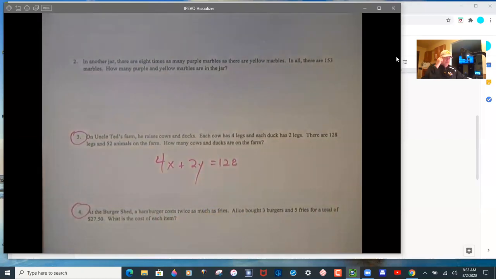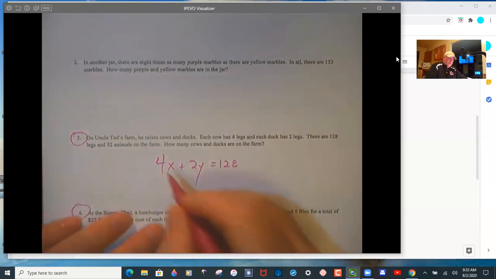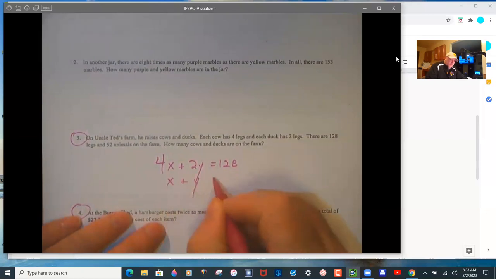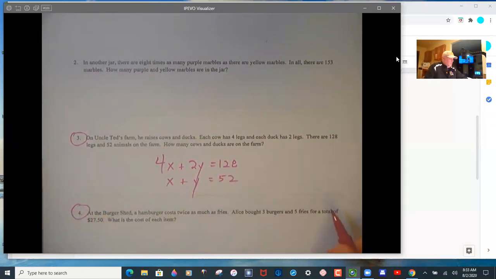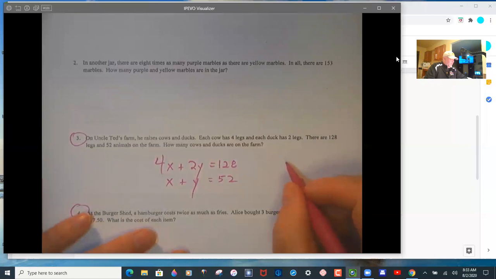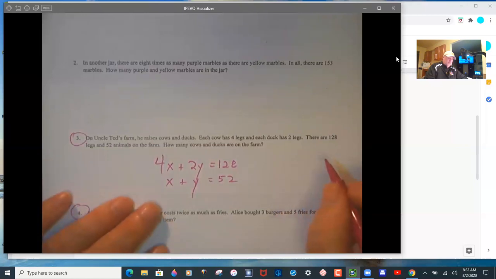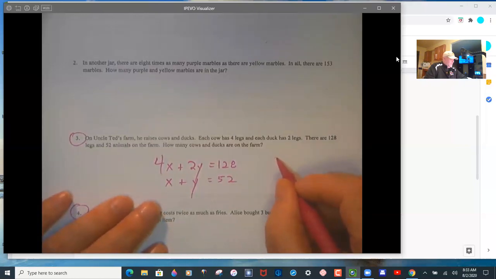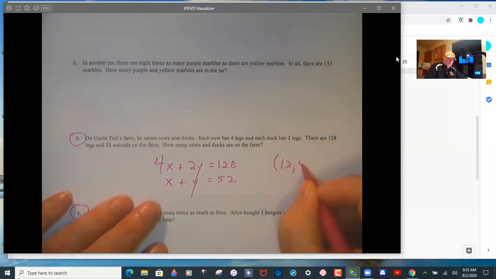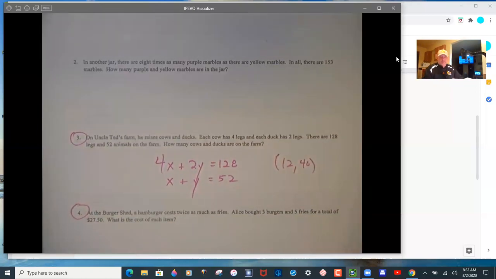So x is the number of cows and y is the number of ducks. And a total of 52 animals on the farm. Okay, so 12 and 40 is the solution.